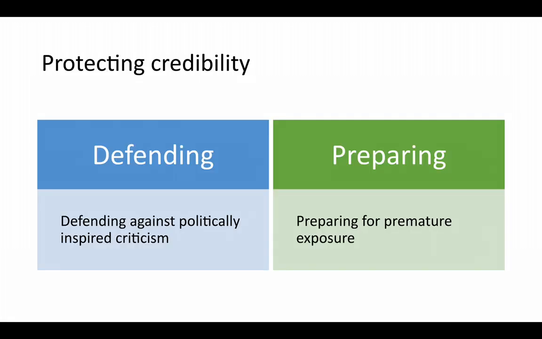And protecting credibility. Now, first, we are talking about defending against politically inspired criticism, right? So don't be too polarized or bounded by partisanship, right? Usually a good definition of a problem will involve a bipartisan solution. Right?